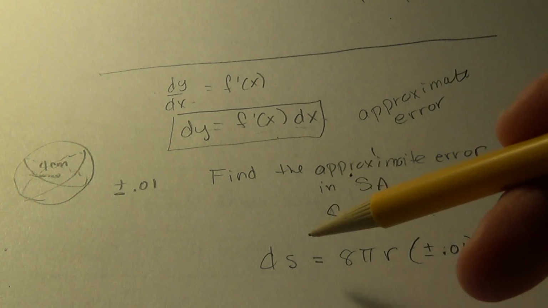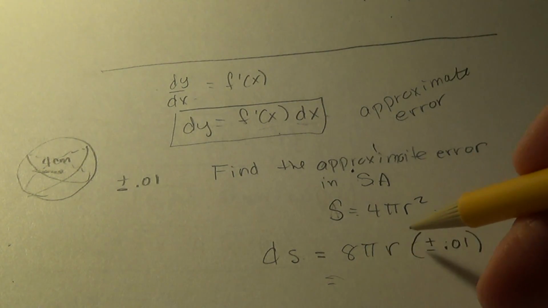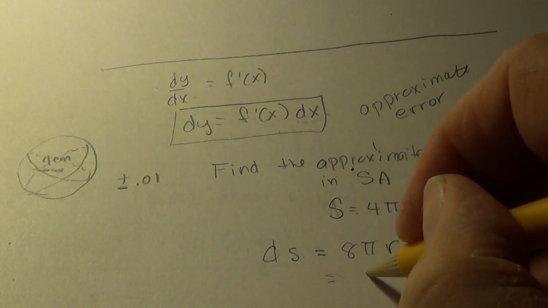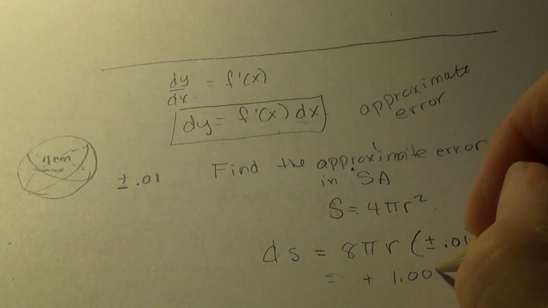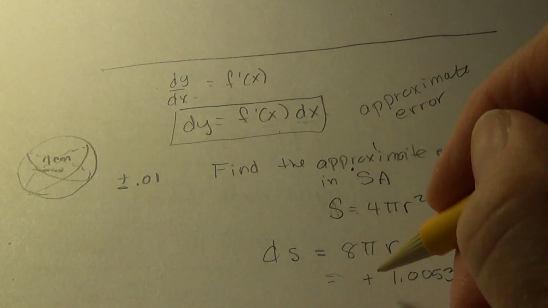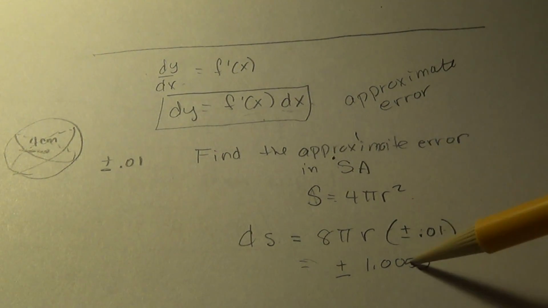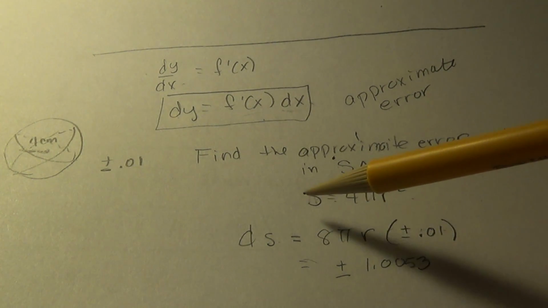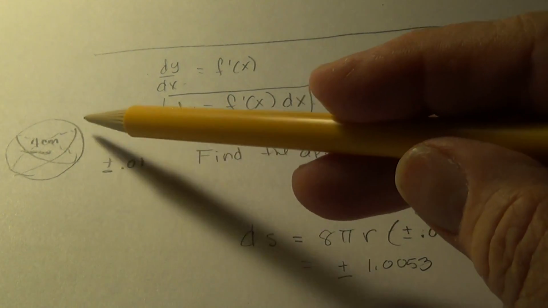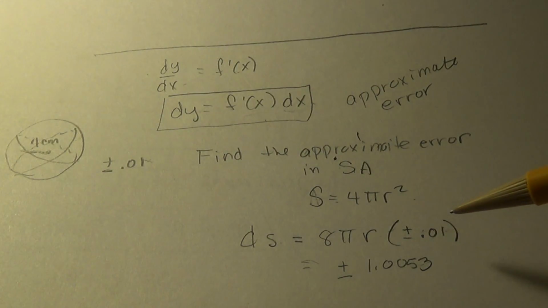I multiplied that out and I get plus 1.0053, and when I multiply it with the negative 1, I get negative 1.0053. So the approximate error in surface area under these conditions is going to be plus or minus 1.0053.